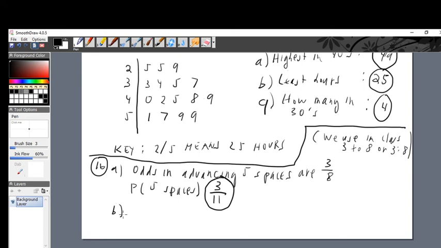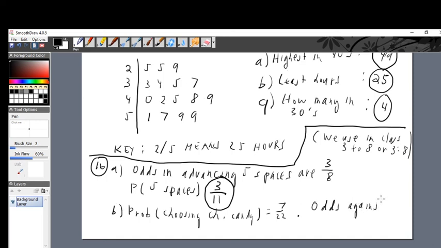B, you have the probability of choosing a cherry candy is equal to 7 over 22. Okay, what are the odds against choosing a cherry candy?